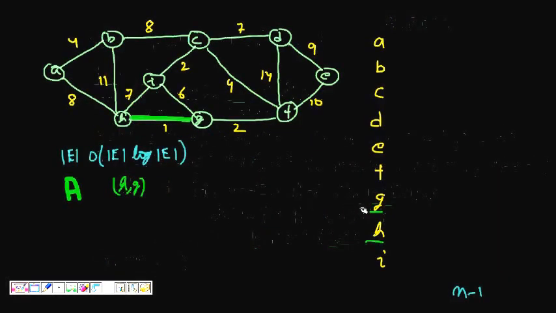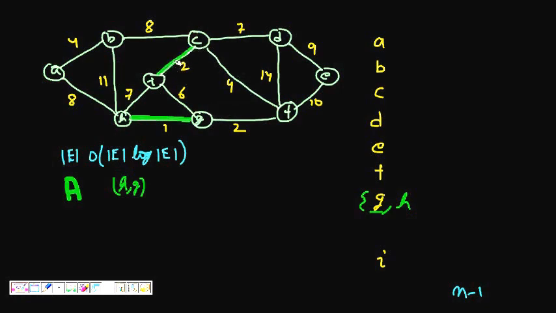What does that mean? Now I have G and H. They were different sets, but now I make them the same set. So this is the set now, GH, and H is removed. Now GH is one set. Next we select the smallest edge again. We see we have 2 here and 2 here, so let's take IC.